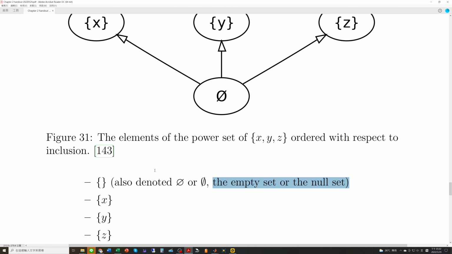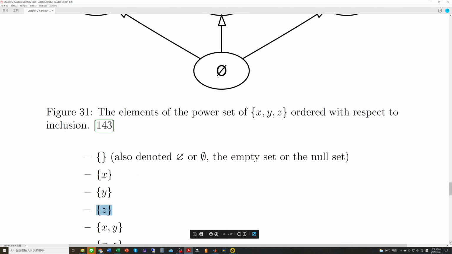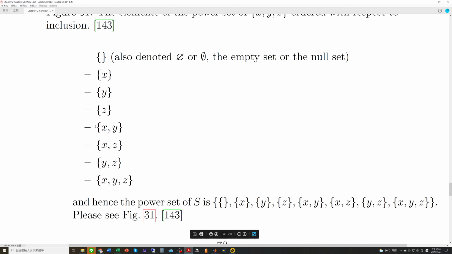Next, the set that contains the element X. Next, the set that contains element Y. Next, the set that contains element Z. And next, the set that contains x, y. And next, the set that contains x, z. And next, the set that contains y and z. And finally, the set that contains x, y, and z.